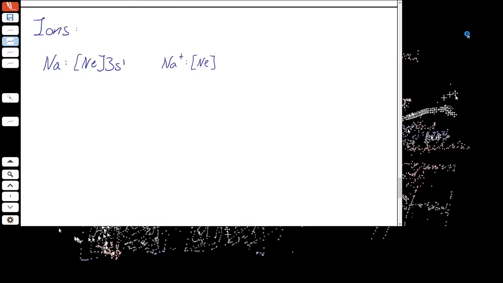So that's simple. It also works well if we talk about negative ions. So fluorine at 2s2 2p5, if we add an electron, we have 2s2 2p6, which is the neon configuration. So we're starting to see this pattern of atoms getting to noble gas configuration.